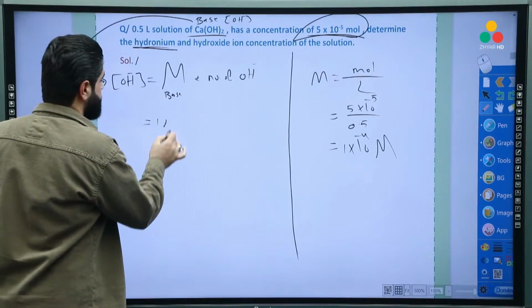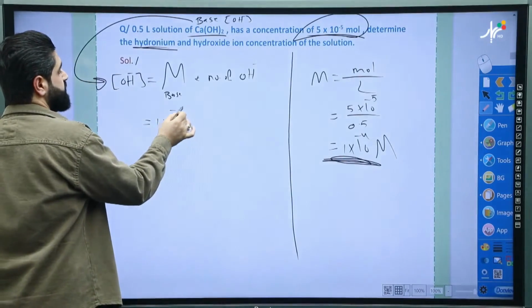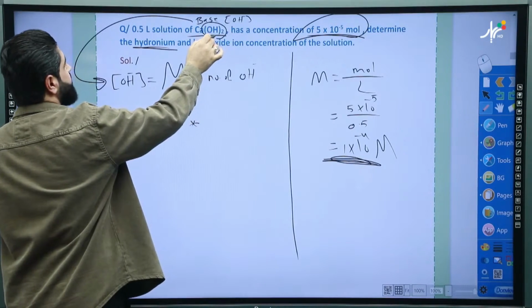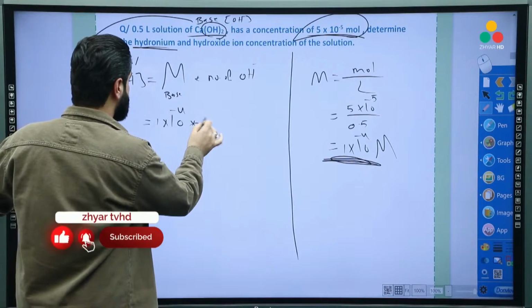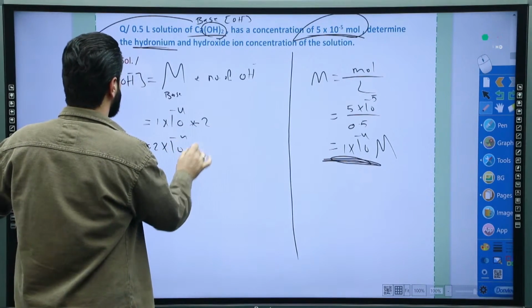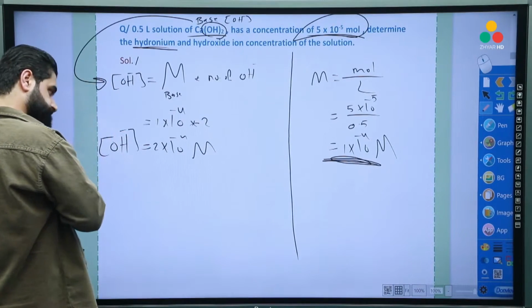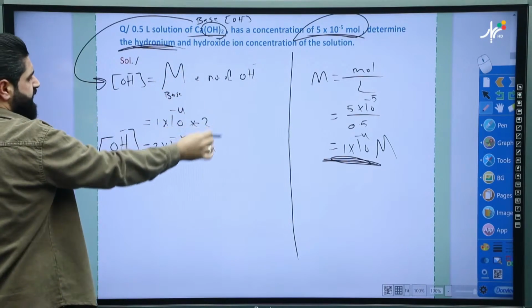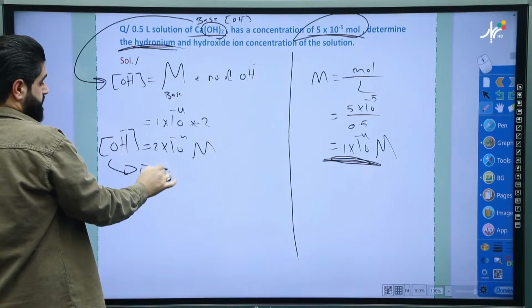This is molarity, 1 times 10 to negative 4, times OH. How many OH are present in the Ca(OH)2 formula? There are 2. So it equals 2 times 10 to negative 4 molar. This is OH. But still, we are not finished. We are looking for the hydronium ion, so we turn this into H3O.